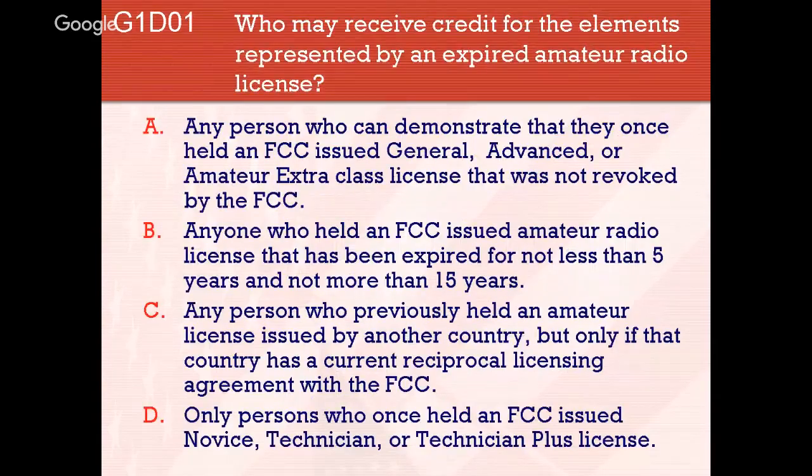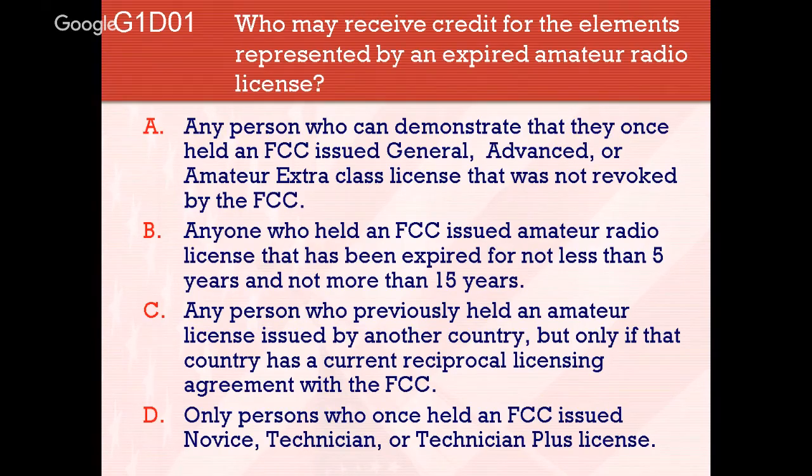Remember that one, too. Who may receive credit for the elements represented by an expired amateur radio licensee? Okay, again, we were talking about those who have expired beyond the 2-year limit.